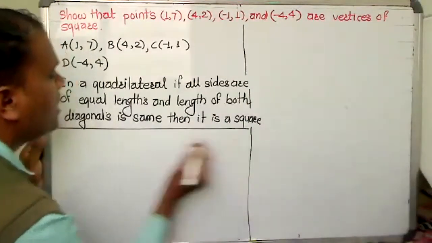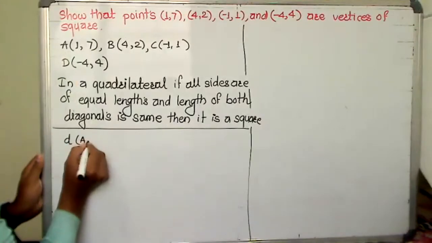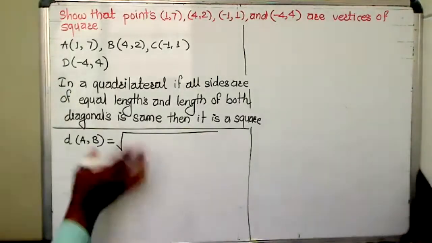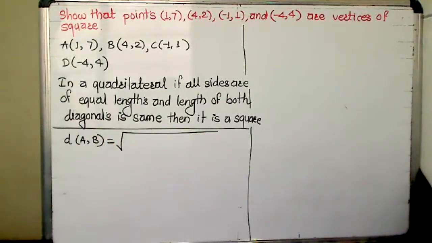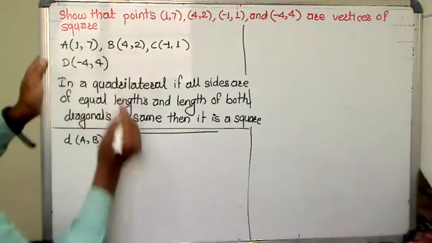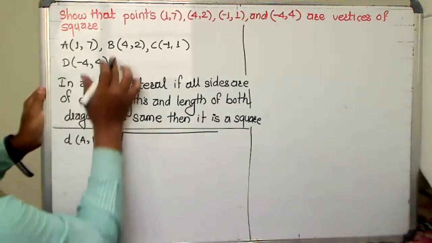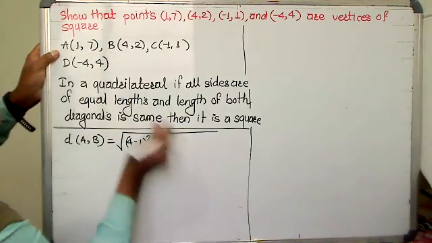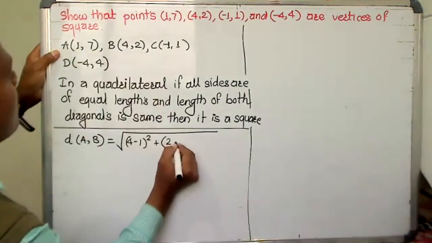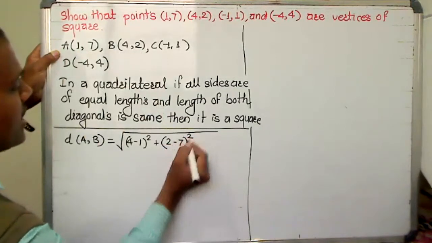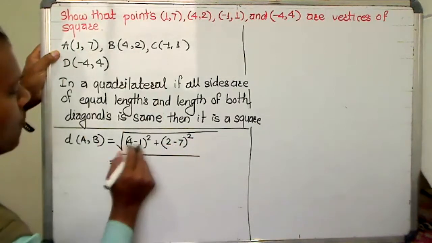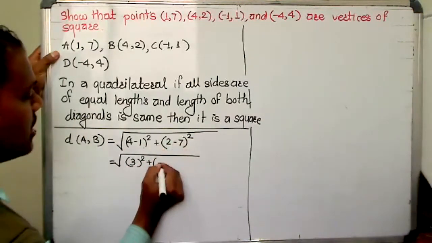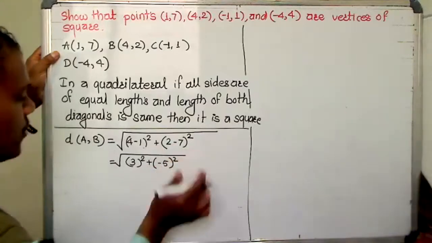Now distance AB. We use the distance formula with (1, 7) and (4, 2): square root of (4 minus 1) squared plus (2 minus 7) squared. 4 minus 1 is 3, squared, plus 2 minus 7 is minus 5, squared.